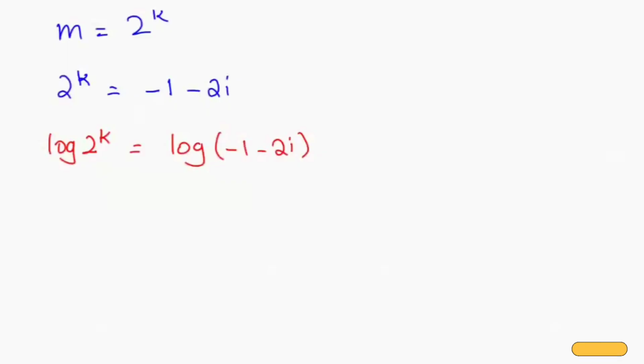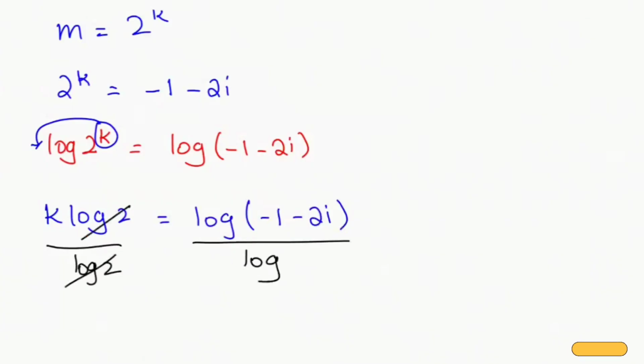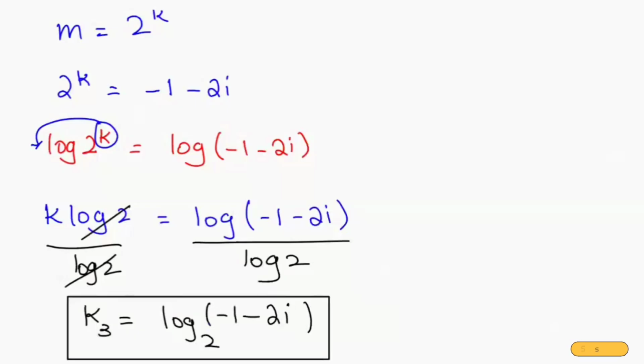Now this I will take in front. k log of 2 is equal to log of minus 1 minus 2 iota. Now this log of 2 is multiplying, so we're going to divide both sides. This and this are going to be reduced, and here we'll get k is equal to log, I'm going to write as base 2, of negative 1 minus 2 iota. So here we get the third k value.